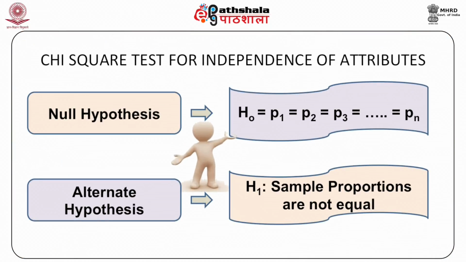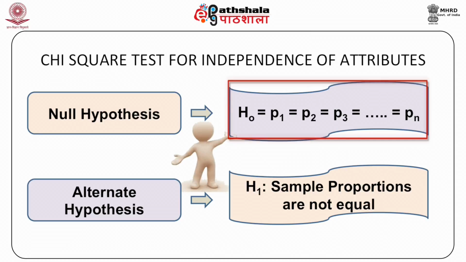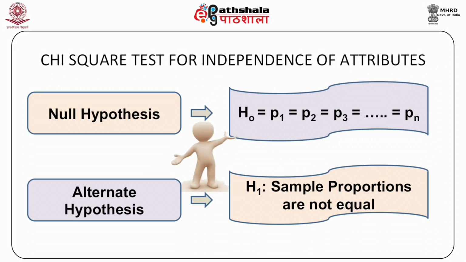The chi-square test for independence has a null hypothesis H0: P1 = P2 = P3 = Pn, where P is the sample proportion, and the alternative hypothesis H1: the sample proportions are not equal.